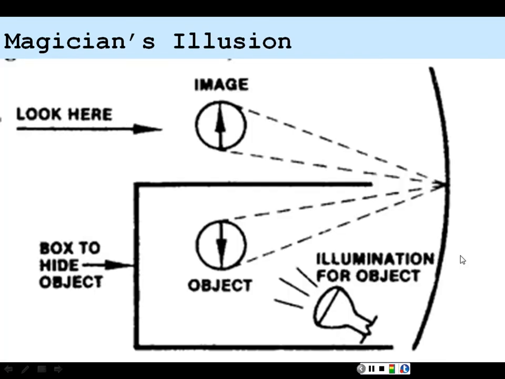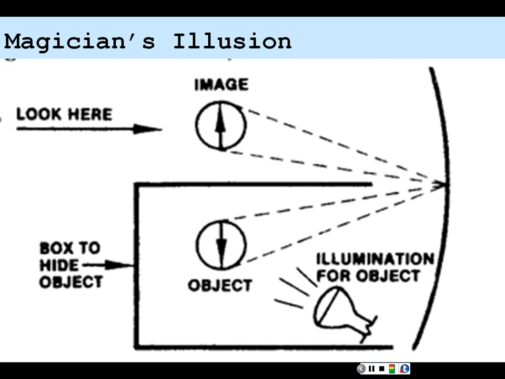Here's a magician's illusion. Let's say we had an object and we illuminate it, and we have it actually hidden away, but we have a mirror behind here, and we allow that mirror to form a real image of the object somewhere else. So if you were looking out over here, you would actually see this real image, and the light rays would be coming from it as if it were a true object.